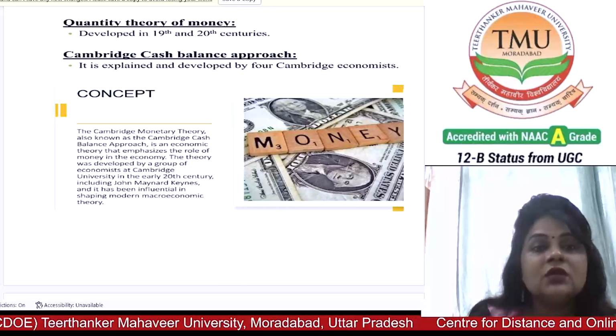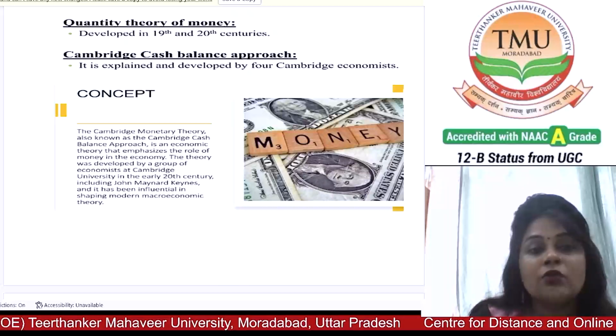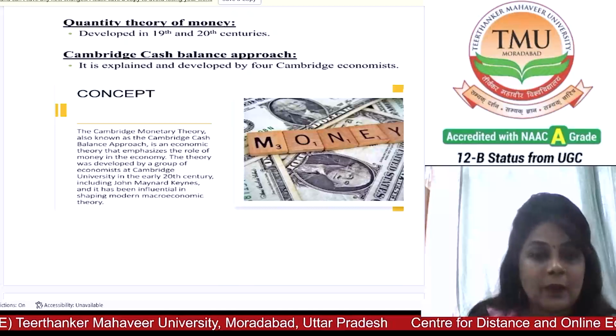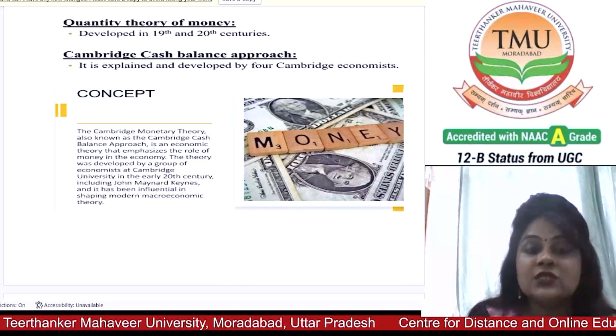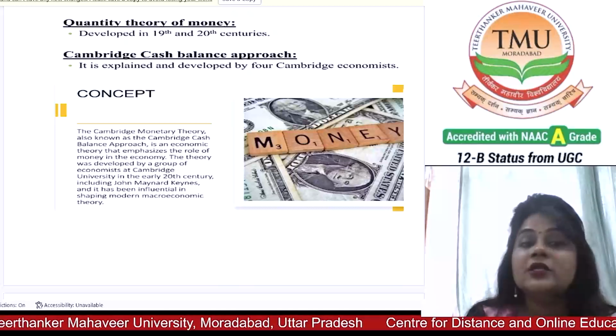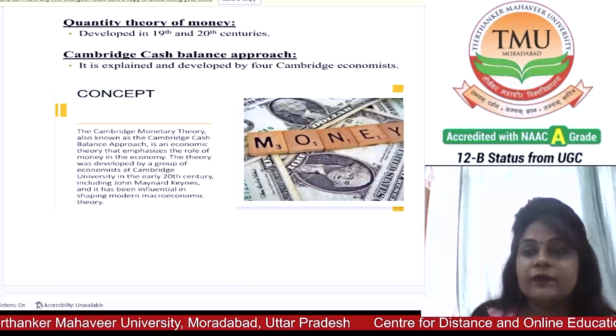This version of the quantity theory of money is known as the cash balance approach, because it places its emphasis on cash balance instead of transactions.